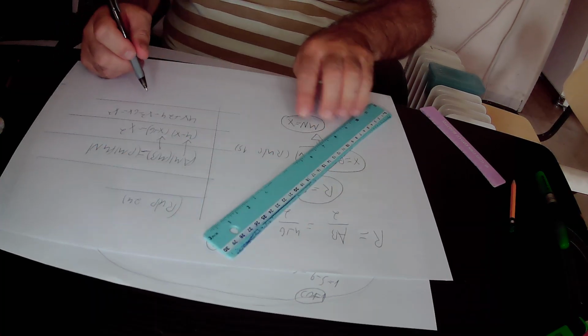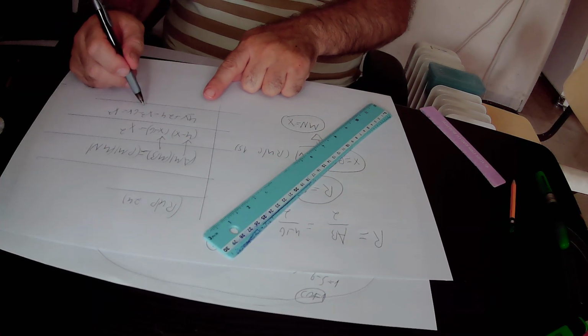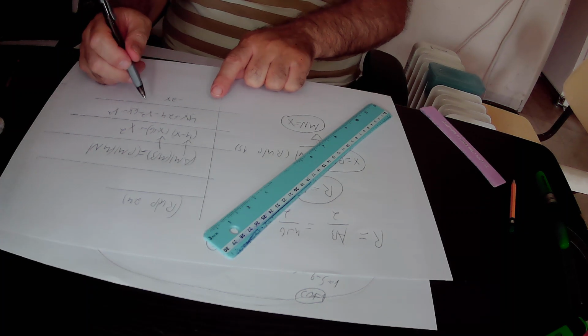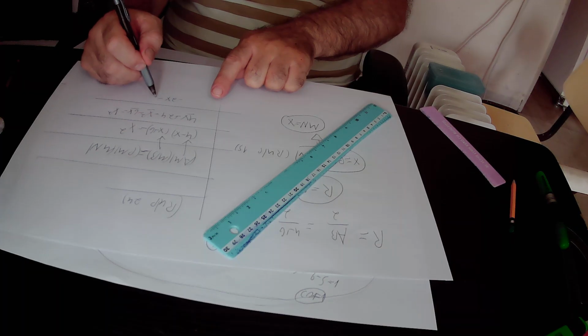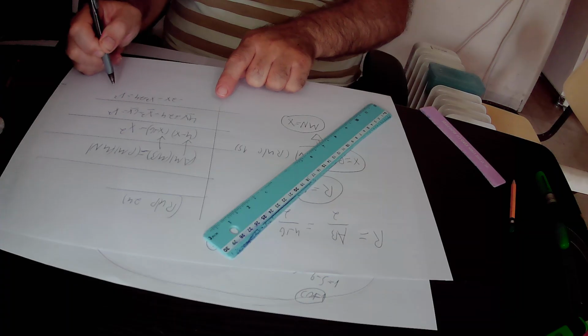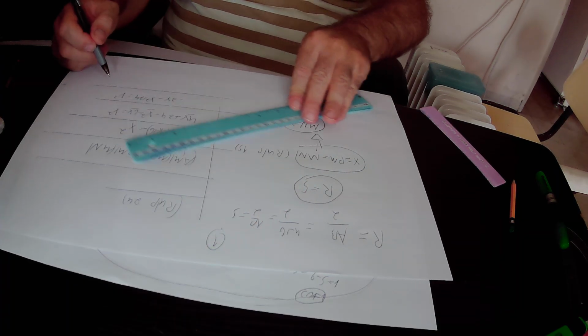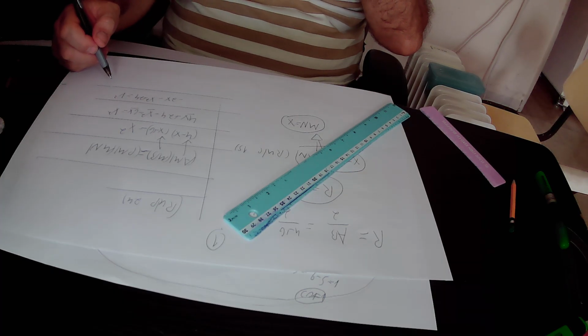On this side, 4X minus 6X is minus 2X, so minus 2X minus X squared plus 24 equals X squared.